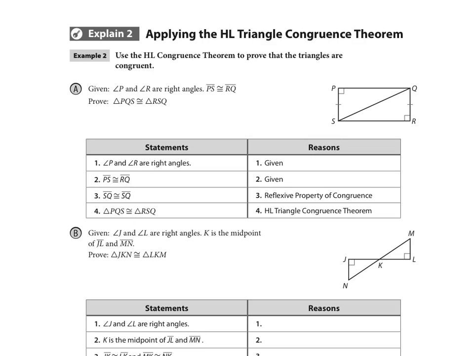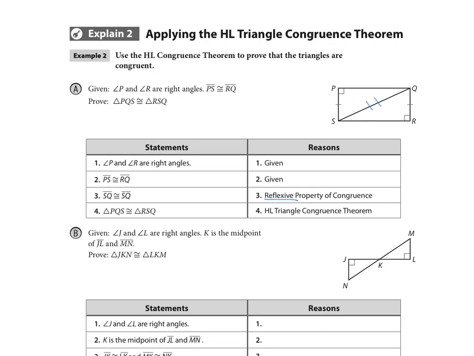P and R are right angles, given. PS is congruent to RQ, also given. Notice though, we've got a shared side between SQ in one triangle and SQ in the other. And a shared side is always the reflexive property of congruence. Don't forget that. So now we can justify that the triangles are congruent by the HL triangle congruence theorem.